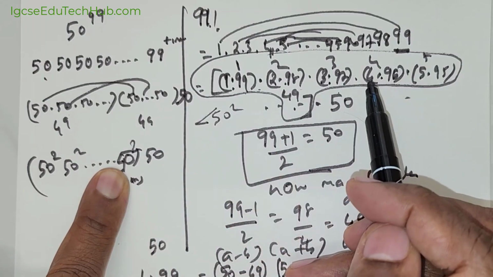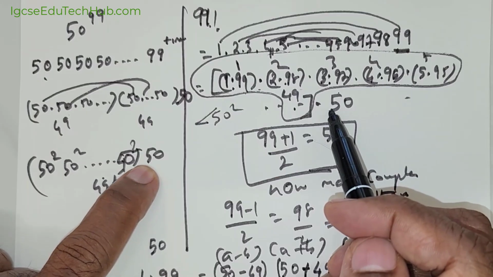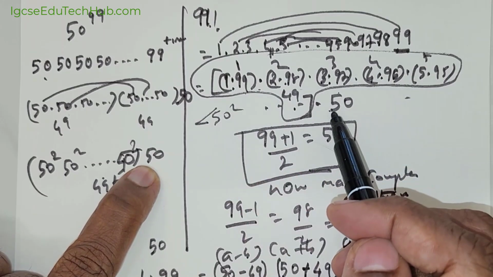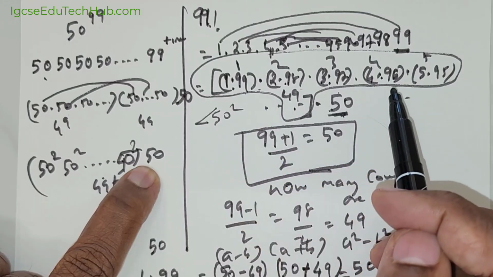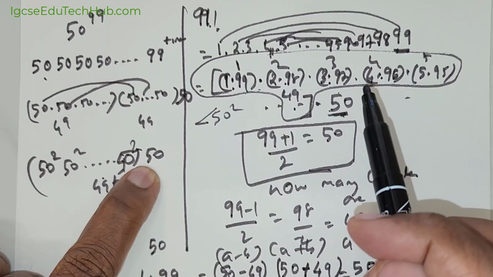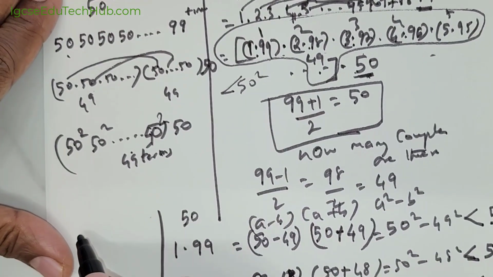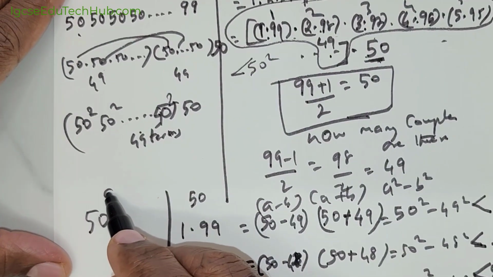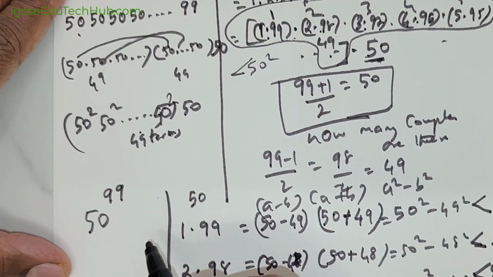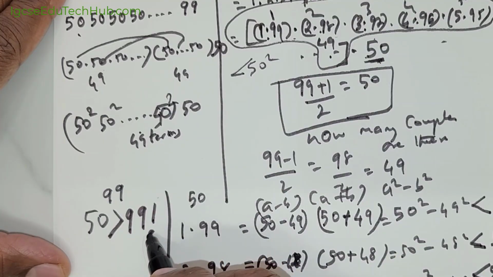All of these are going to be less than 50 squared, and then no matter you multiply it on both sides by 50, multiplying with 50 is not going to change the magnitude of these numbers. So in short, the conclusion is 50 raised to the power of 99 is greater than 99 factorial.